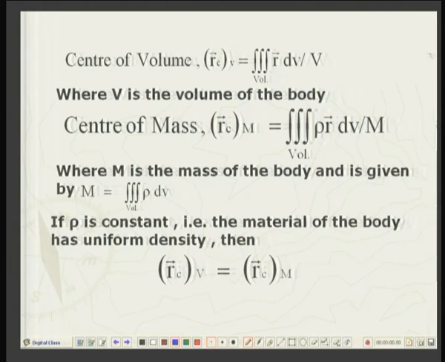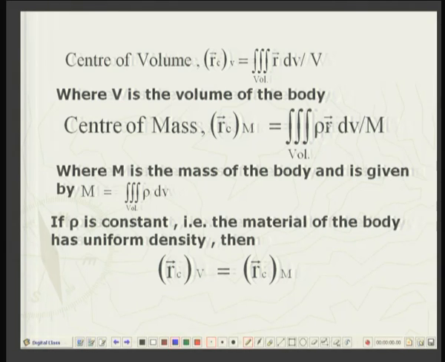This is the position vector for volume, it was r_cv. The definition is exactly similar to the center of volume, except that now we will have rho, the mass density, which can be a function of position, that is the density varies from point to point, if the material is non-homogeneous or a mixture, let us say a mixture of 2 or 3 types of metals.